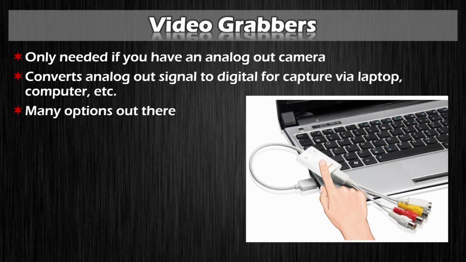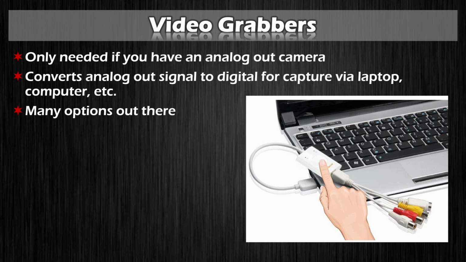So back in the day, when we were using only modified security cameras, you had to use a video grabber if you wanted to use a laptop to view or save images from your camera. For the most part, they are a thing of the past, unless you're using a camera with an analog out connection and you want to use a computer. Their function is pretty simple.